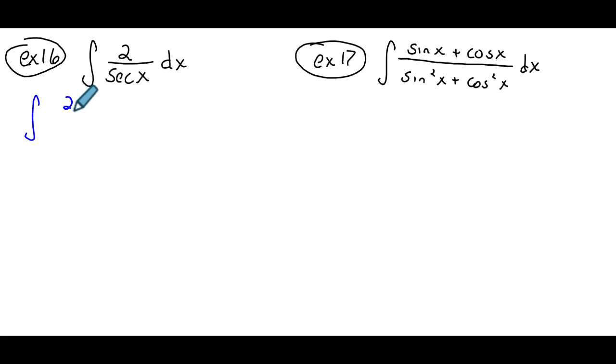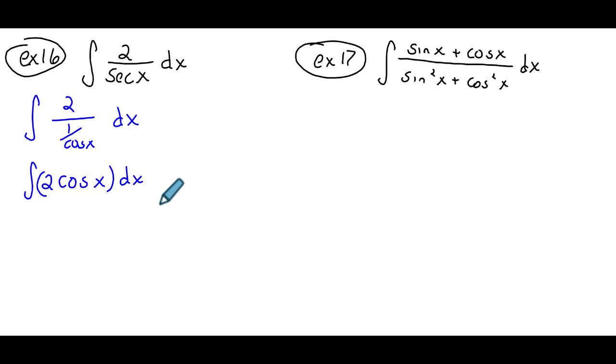I know that secant of x is the same thing as 1 over cosine. So I could rewrite secant of x as 1 over cosine. And again, if I'm dividing by a fraction, I flip and multiply. So this original problem is the same thing as 2 cosine x. So I have to rewrite it as 2 cosine x before I can find the integral.